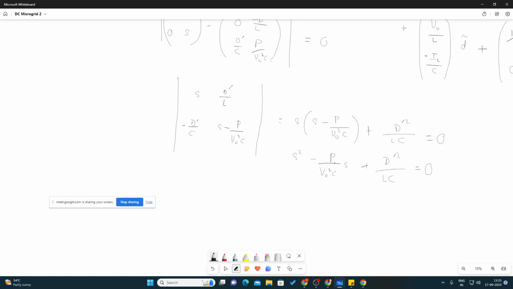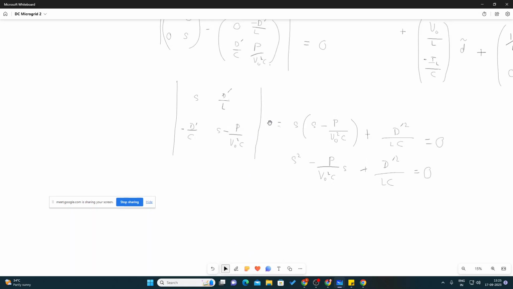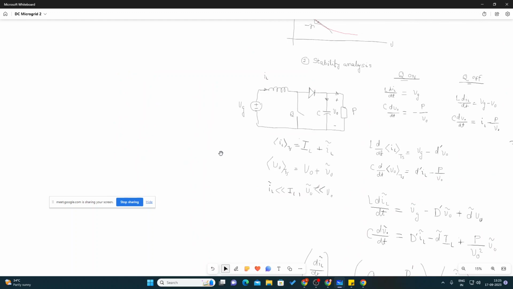V naught square is positive. C, being a parameter value, is positive. L and C both are positive. D, by definition, lies between 0 and 1, so it will be positive. And this will also be positive. Hence this operation is not possible.